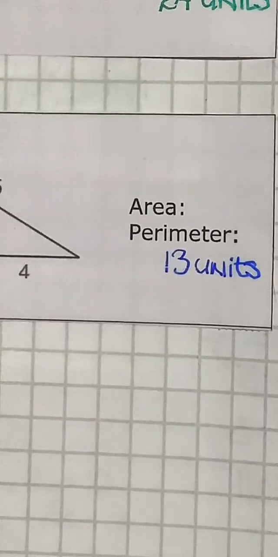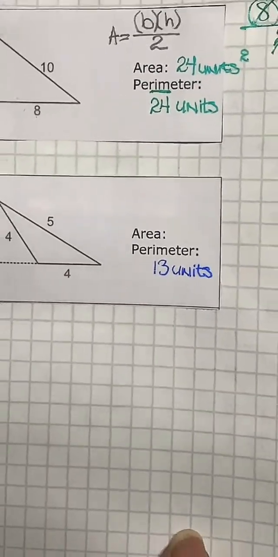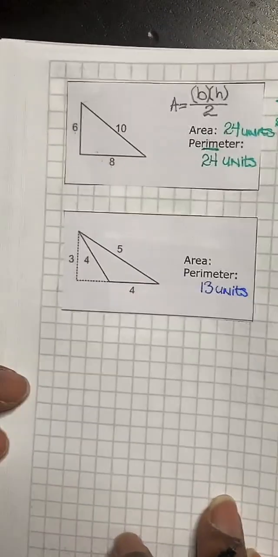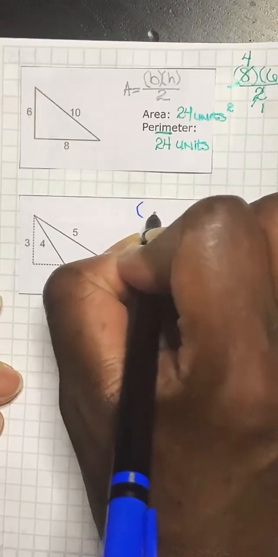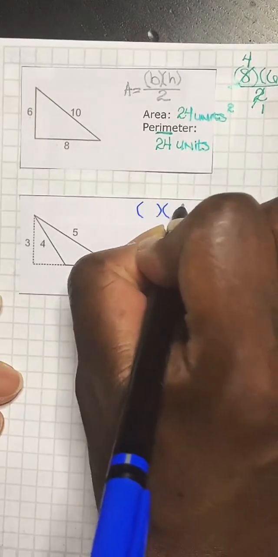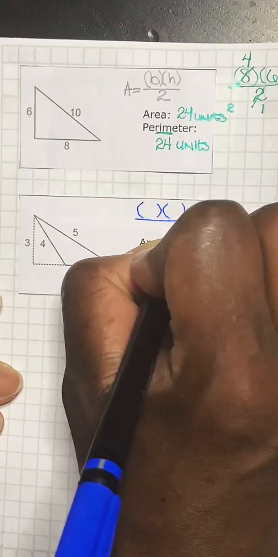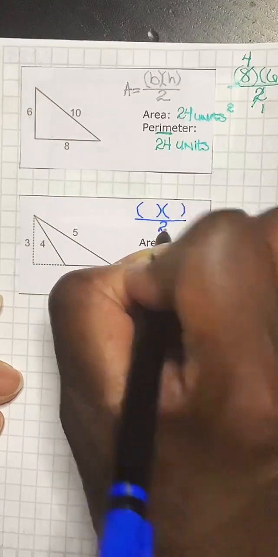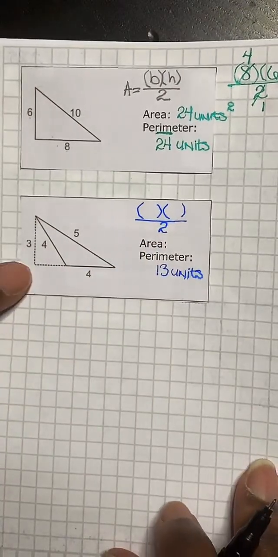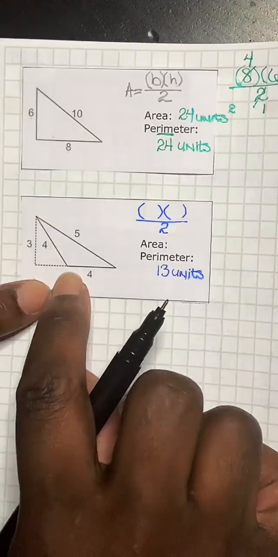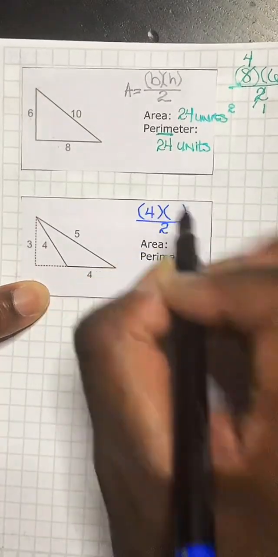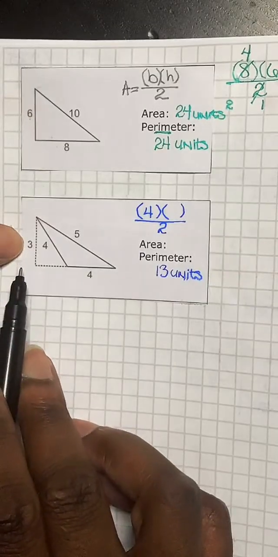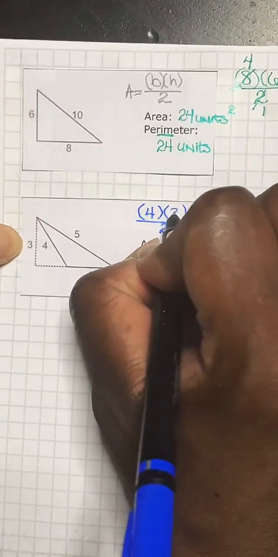Now, the area, let me unzoom a little bit. So the area, remember, it's your base times your height divided by 2. Our base is going to still be our 4. Our height is out here, which is 3.